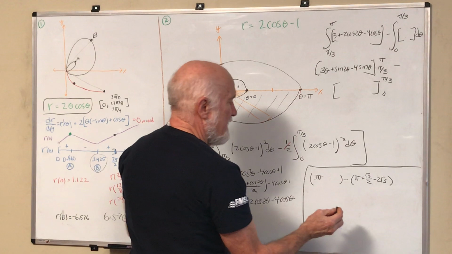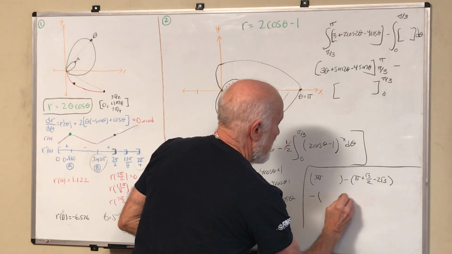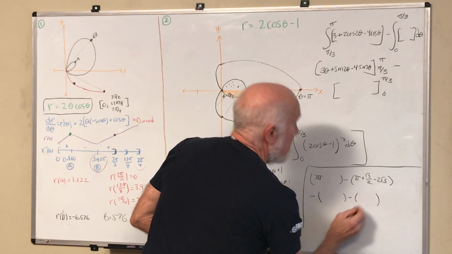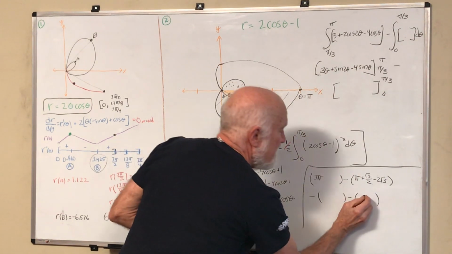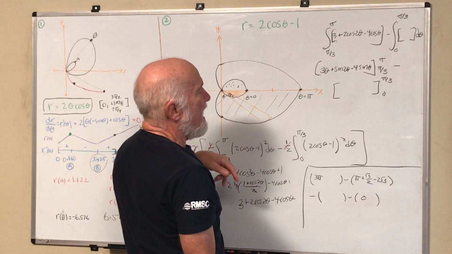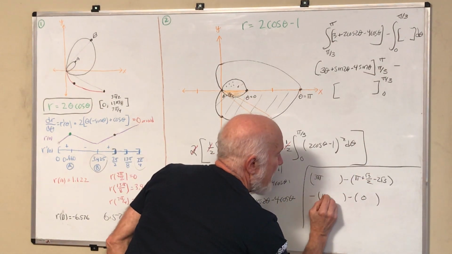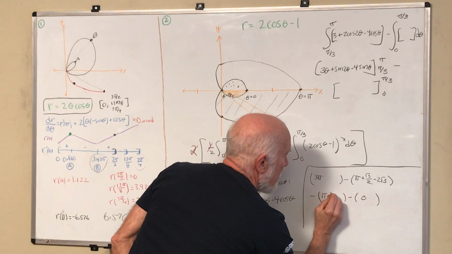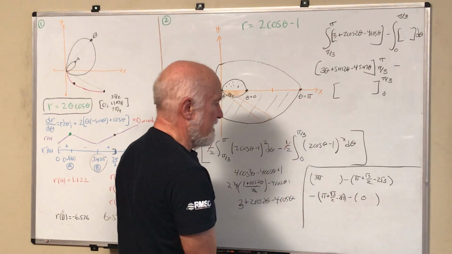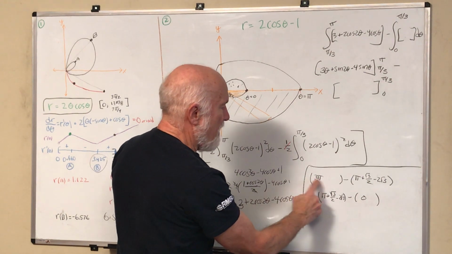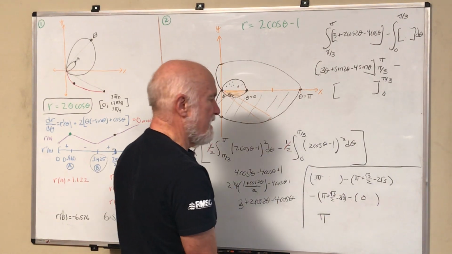Now in the second one, I get the same thing, but now I plug in 0 and pi over 3. Well, 0 is going to give me nothing, and at pi over 3, I'm going to get the same thing I did here. So I'm going to get pi plus 3 square root of 3 over 2 minus 2 square root of 3.